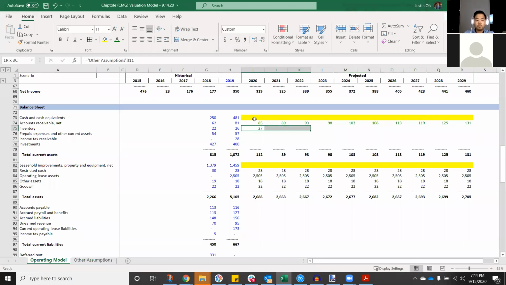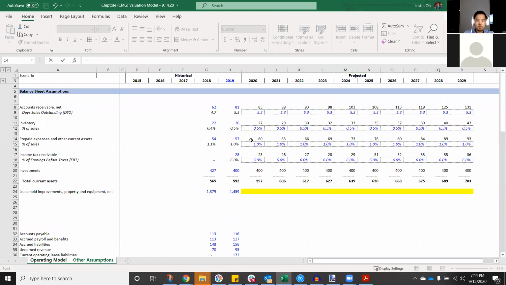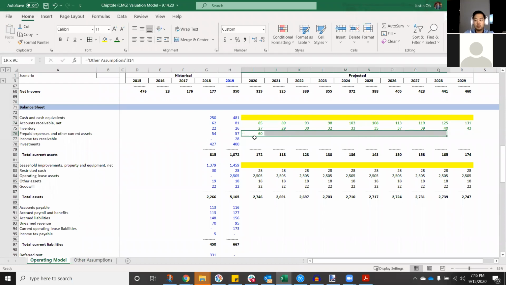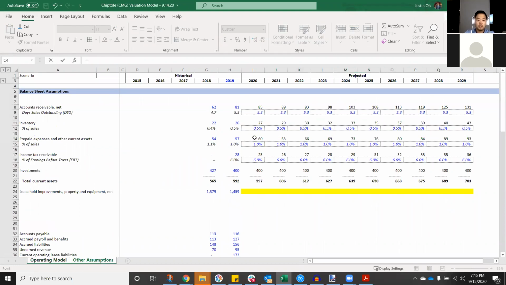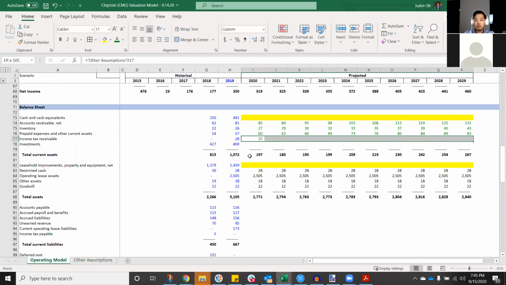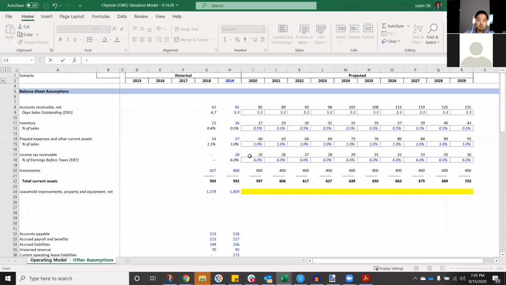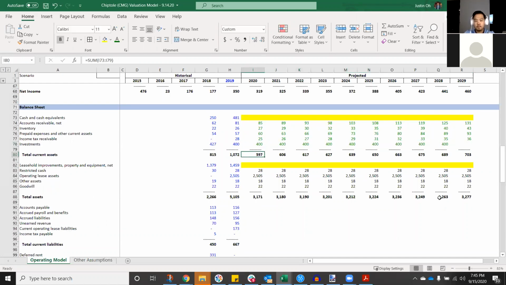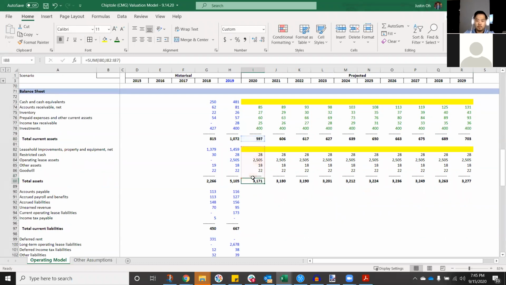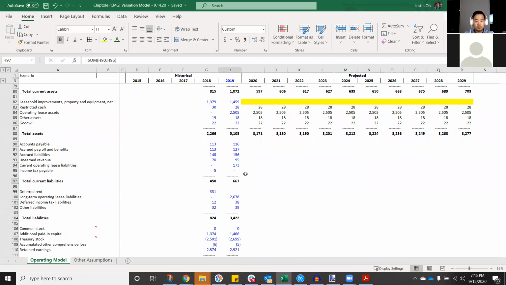We did inventory here, equals prepaid expenses over here, equals income tax receivable over here, equals investments, just keeping that the same. Okay, cool. So let's keep going.